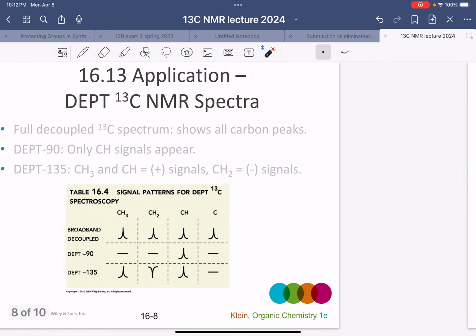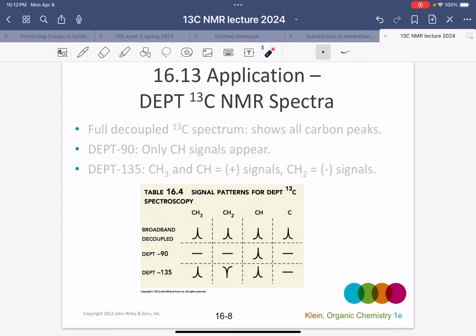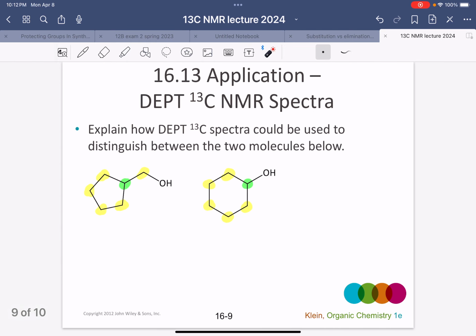So in our DEPT experiment, we'd expect our CH2 to show up as negative in the DEPT 135. So we would see a negative peak. And let me write that down here. Negative peak in DEPT 135 around 60 to 70 ppm.